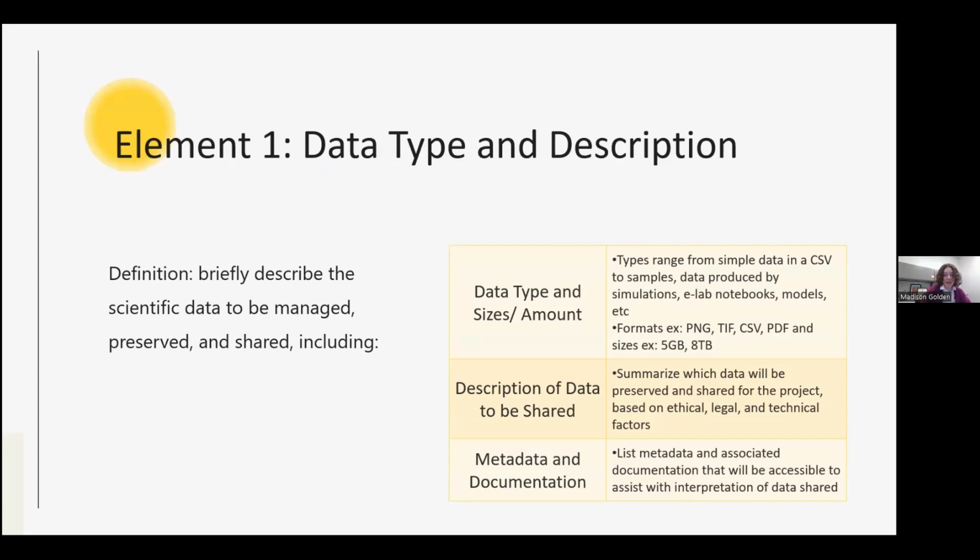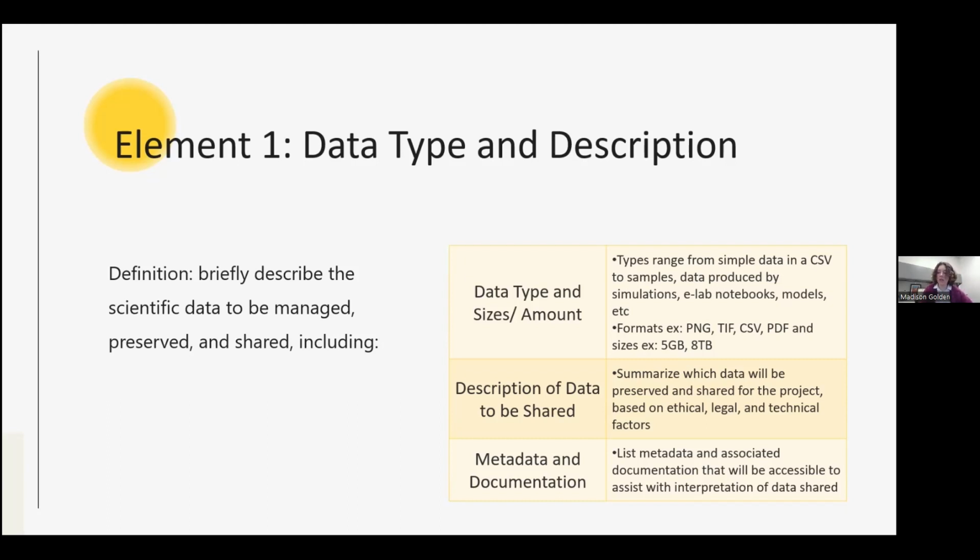So the first element of data management planning is to briefly describe the scientific data that's going to be managed, preserved, or shared. The first part of that is saying what data types and then the sizes and amounts of those types are going to be collected during the process. You can think of this as a description of the information to be gathered along with the nature and scale of the data that will be generated or collected.